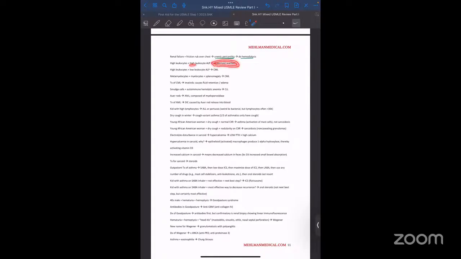So in leukemoid reaction, high ALP score, or this is nothing but LAP. And high leukocytes plus low leukocyte ALP is CML. Metamyelocytes plus myelocytes and splenomegaly is CML. Treatment of CML is imatinib, causes fluid retention and edema.